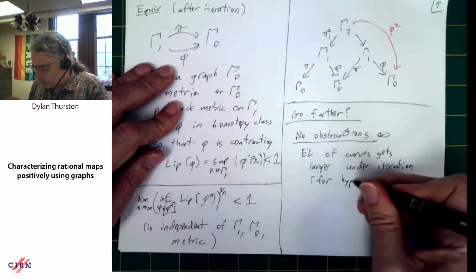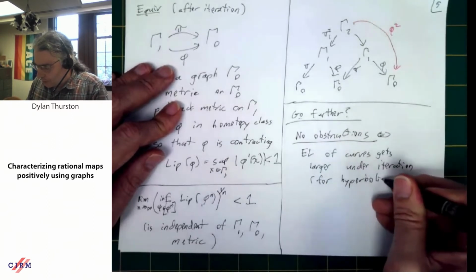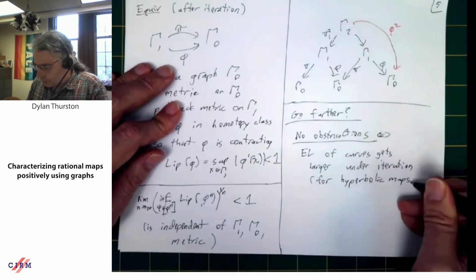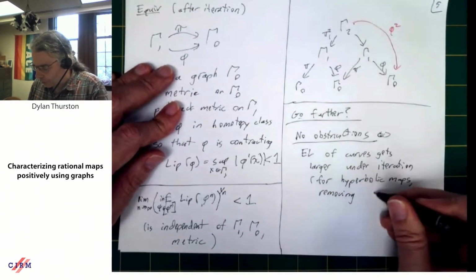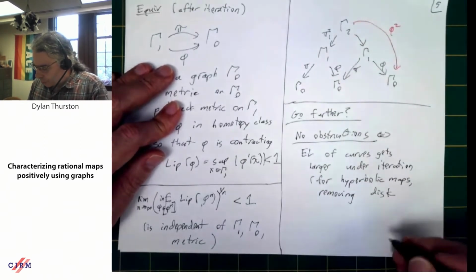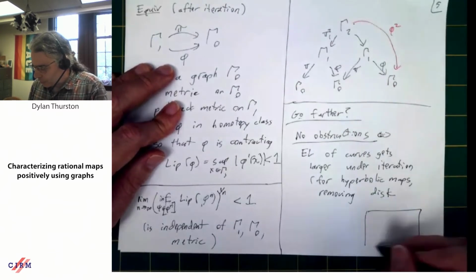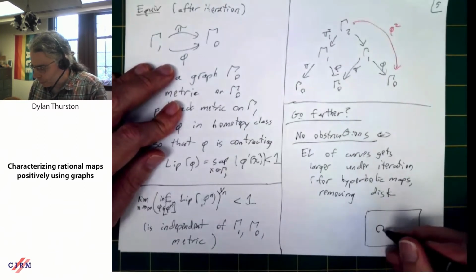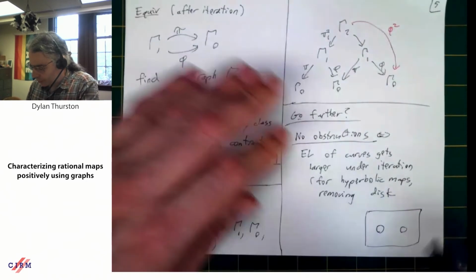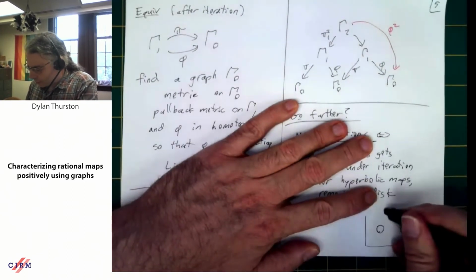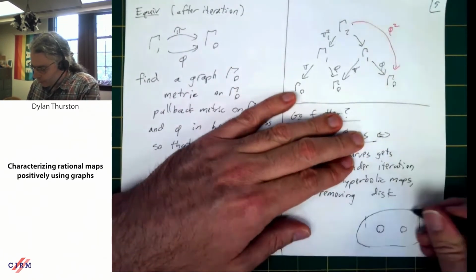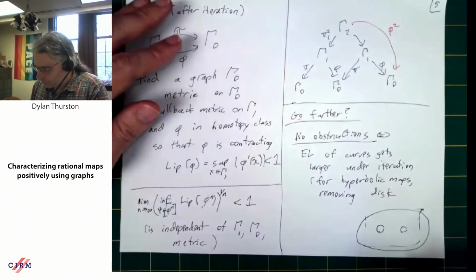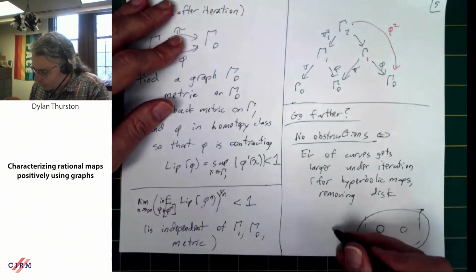For hyperbolic maps, if I want to get something that's actually true, I want to actually remove a disk. So I have some map here, and instead of puncturing it, I want to look at some finite region and remove, say, some level set in the Böttcher coordinates.